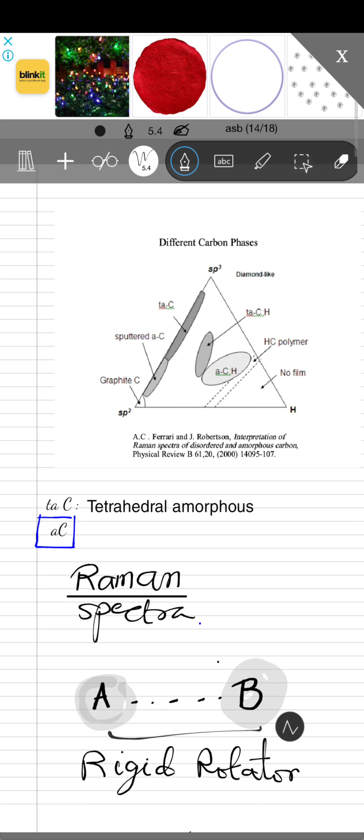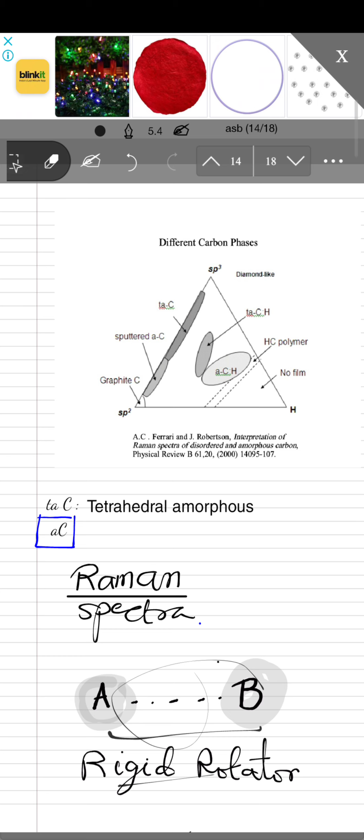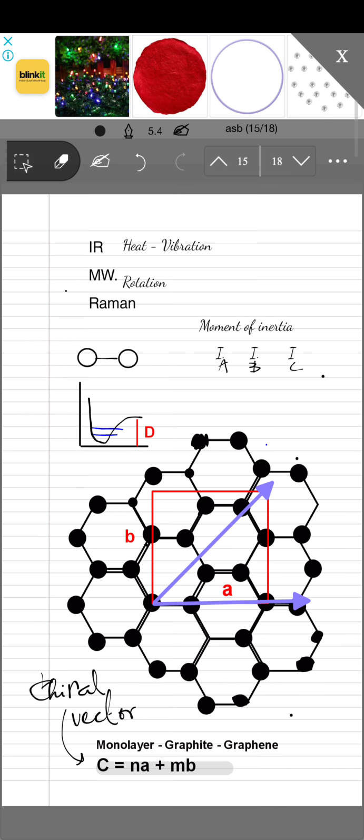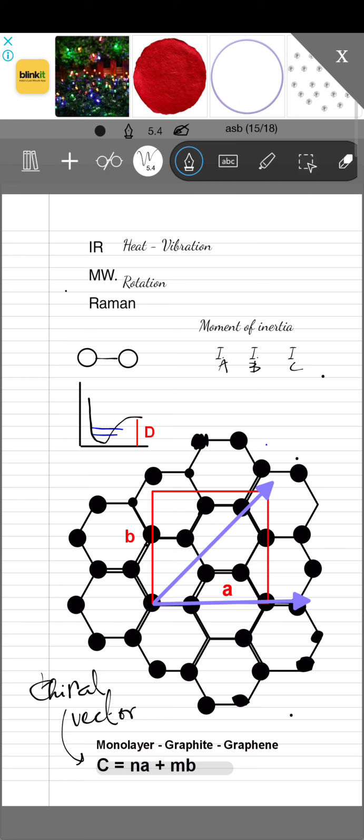That means the two atoms are rotating rigidly, but they are not vibrating. With this concept, we developed a spectroscopy which is associated with the rotation of the molecule, that is called microwave spectroscopy.